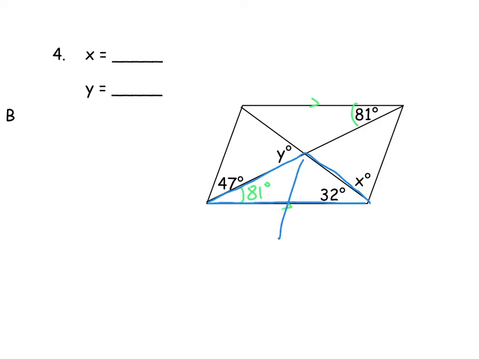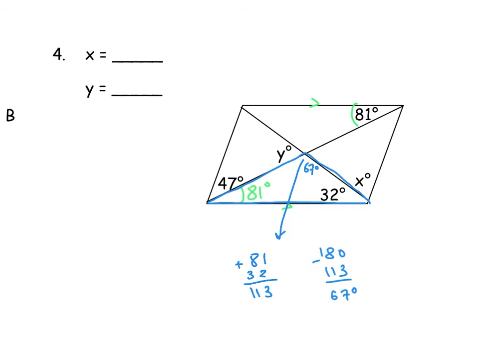So to find this angle, I'm going to add 81 plus 32, and then subtract that from 180. So 81 plus 32 is 113, and 180 minus 113 gives me 67. So that's going to be 67 degrees.